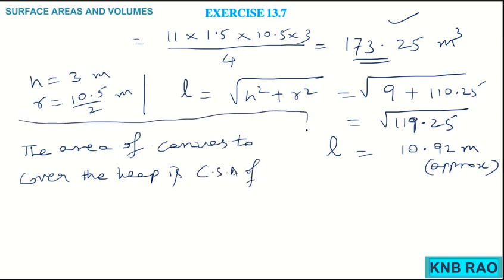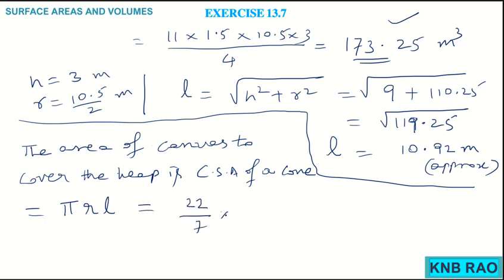So, we have to find out CSA of cone. It implies pi RL. So, I am using 22 by 7 into R, 21 by 4 or 10.5 by 2, it is up to you, into 10.92 which we found as slant height.